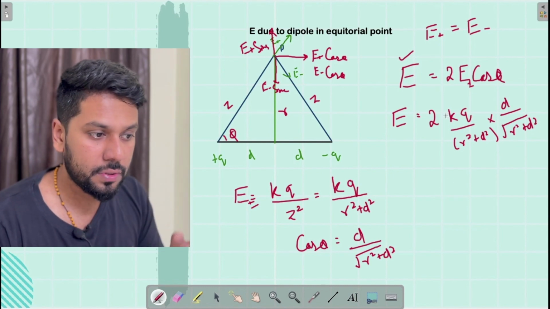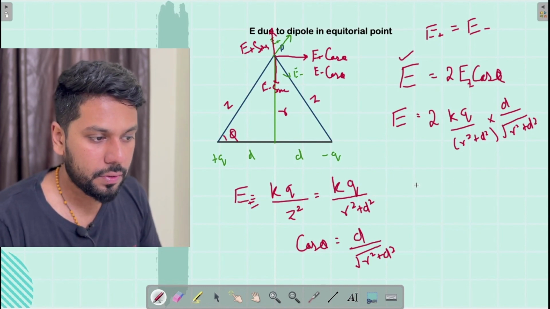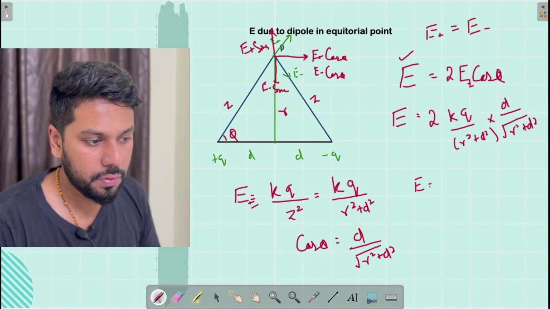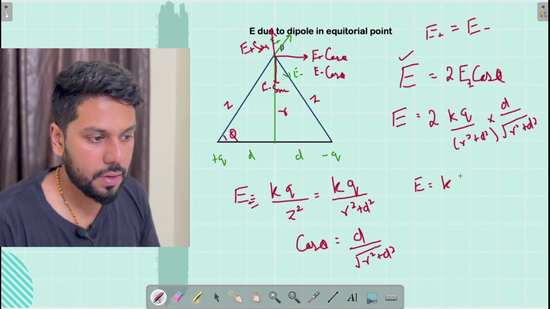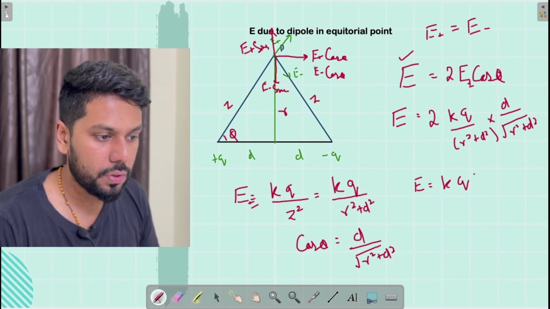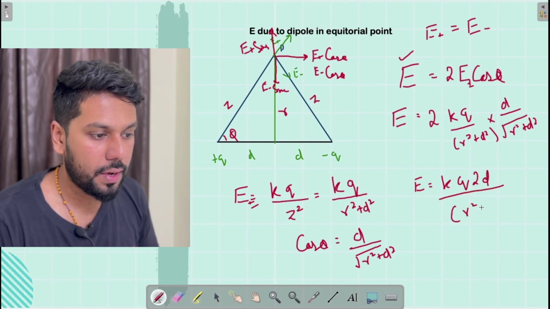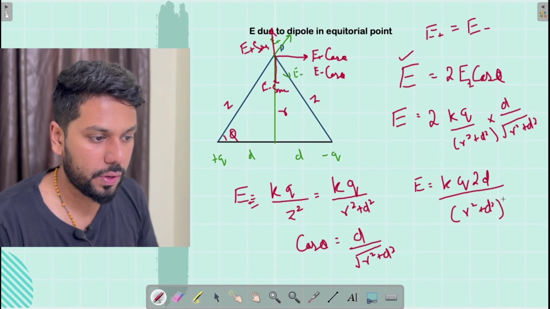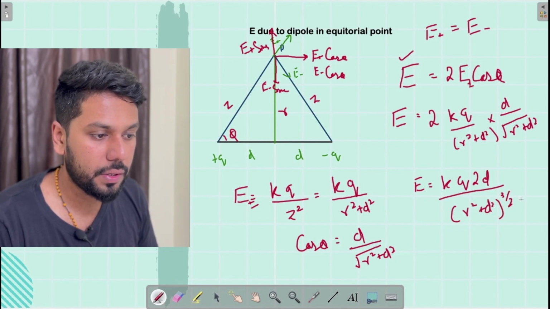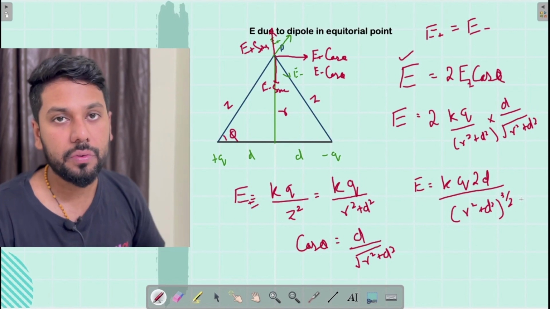See now, students, you have E is equal to K into Q into 2D divided by R square plus D square power 3 by 2.